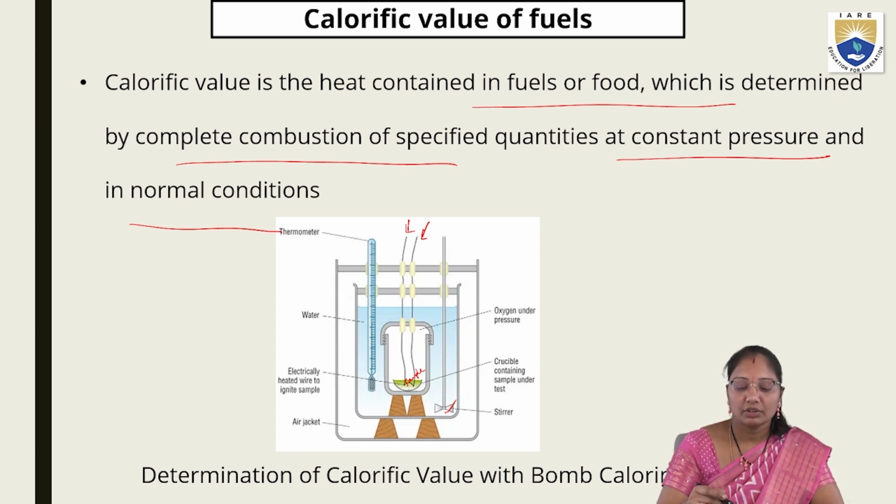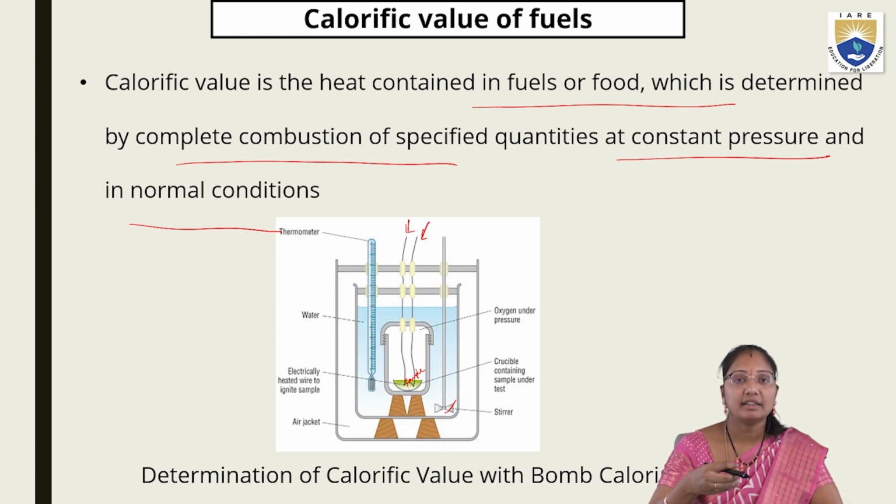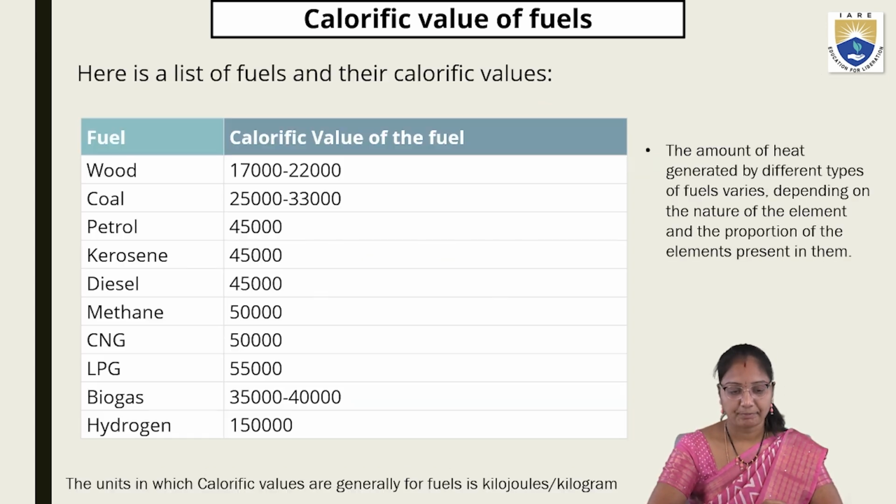The heat liberated was determined by using this bomb calorimeter. When it was ignited, it started burning. For the complete combustion under constant pressure and temperature, the heat liberated was noted down, and we can know the calorific value of the fuel or food by using this apparatus.